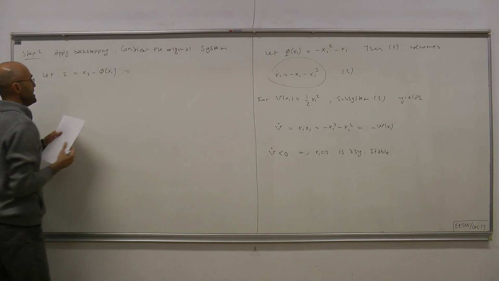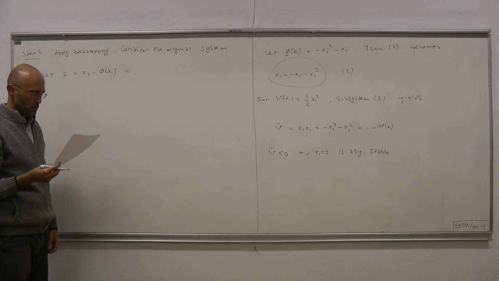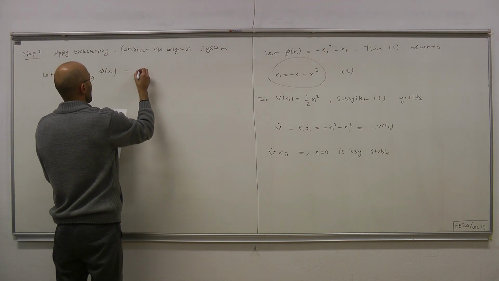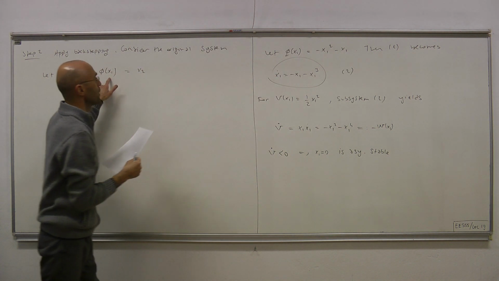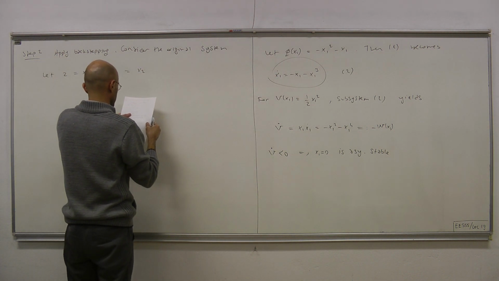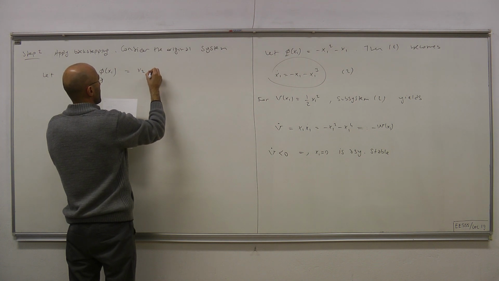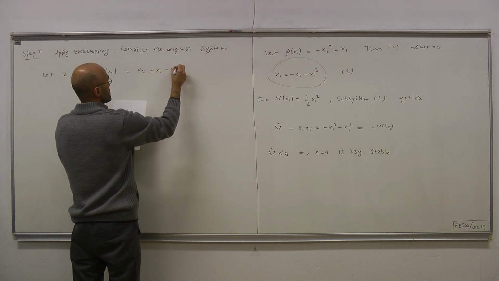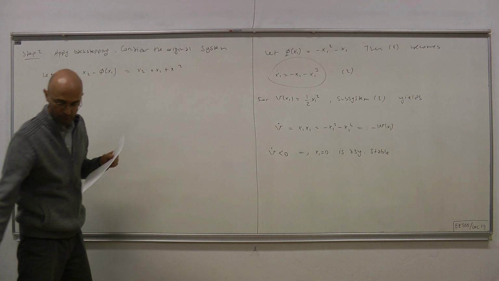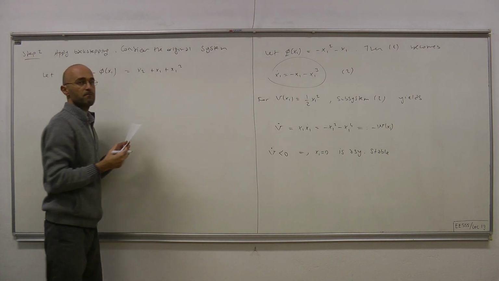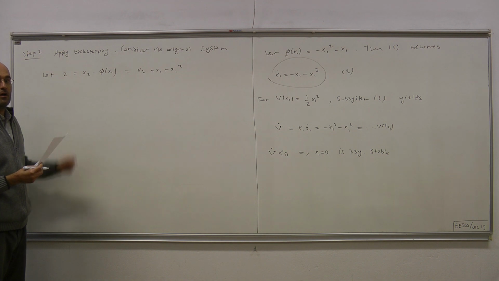So what's z in terms of x1 and x2? It's x2 and phi is here, plus x1 plus x2 x1 squared. Okay, so that's our new coordinate.